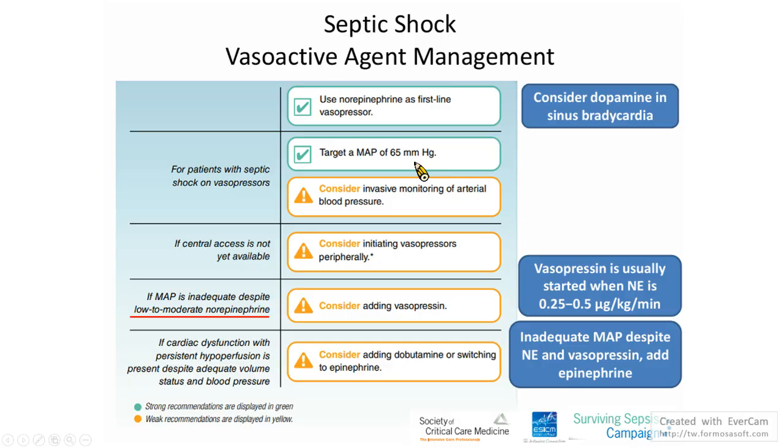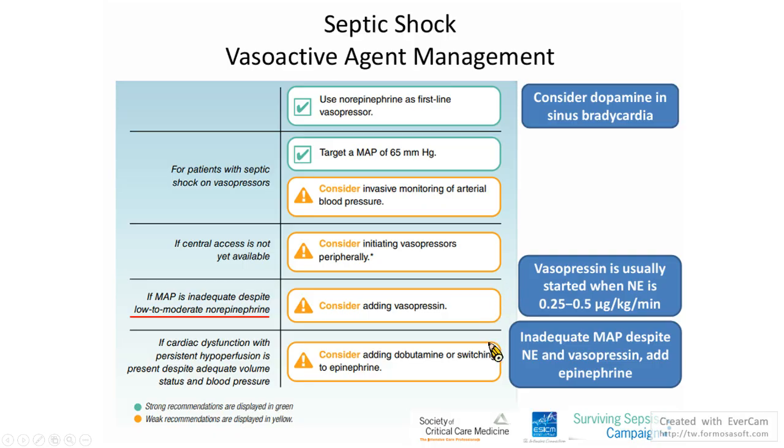Remember the other choices: the second choice after norepinephrine is vasopressin, and the timing of vasopressin initiation is usually when norepinephrine is around the dosage of 0.25 to 0.5 micrograms per kilogram per minute.